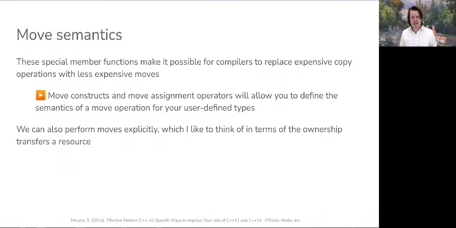So, move semantics. These are special member functions that make it possible for compilers to replace expensive copy operations with less expensive moves. And what does it mean to initiate this transfer of resources from some object to another object?